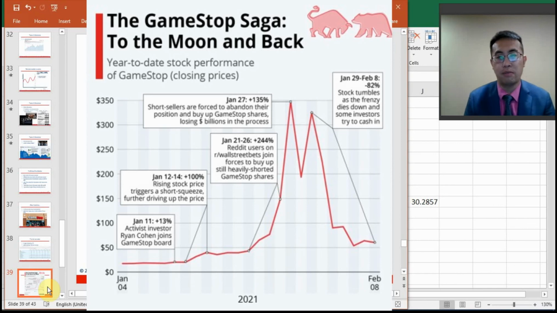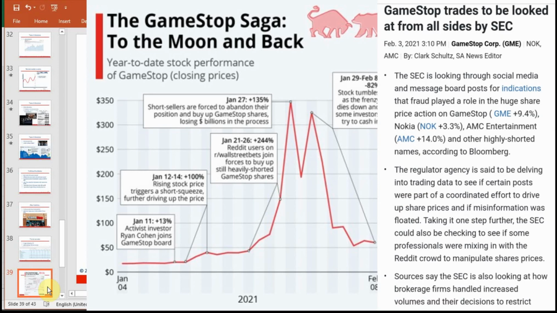So when the stock price ballooned from $20 to $350, it tumbled right after because the market price just deviated too much from the intrinsic value of the stock, and then it will get back to normal. And this could be suspected for market manipulation behavior, and what the Reddit users did and their leader were suspected by the Securities and Exchange Commission for manipulative trading behavior.